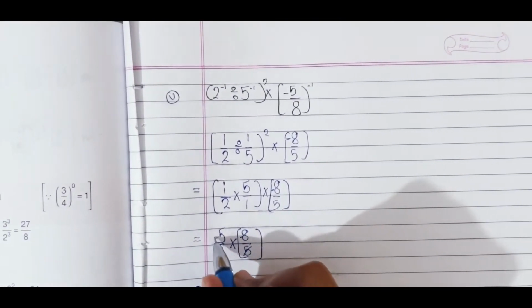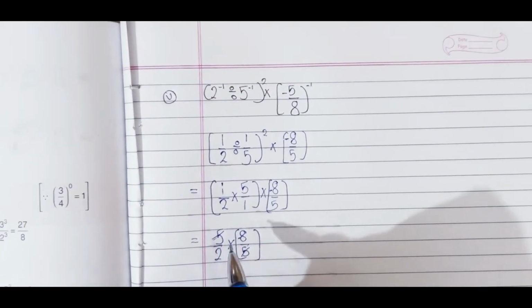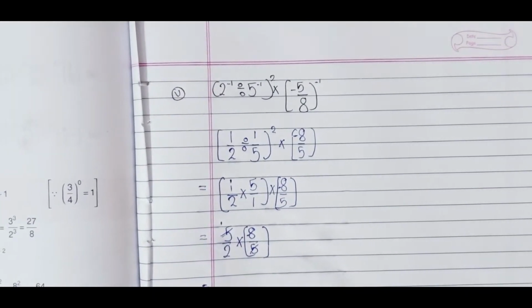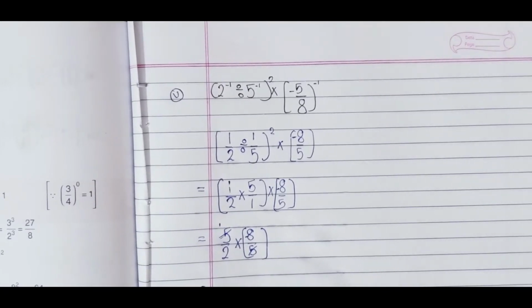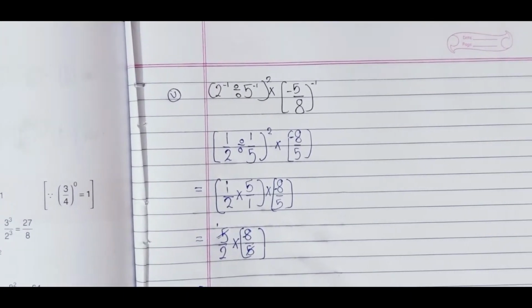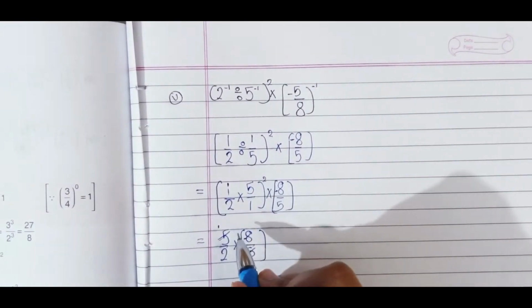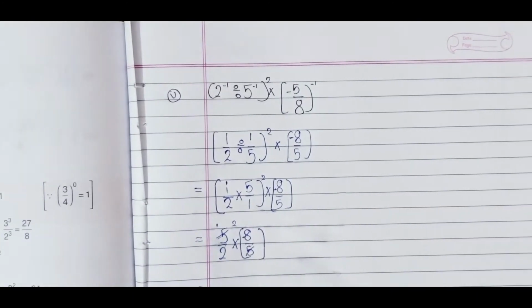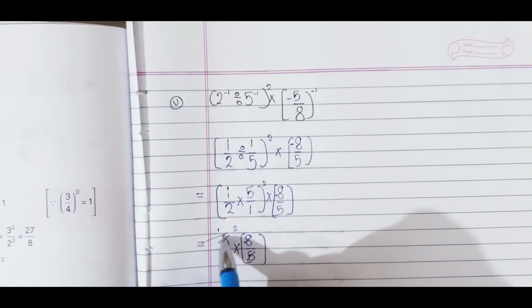So 5 can be cancelled. 1 I am not writing. Now 2 and 8 can be cancelled. I think I should write... I can see that there are no mistakes now. Just here I have not written the power. So this is also a power. So guys, cancel it. So guys, this is wrong.